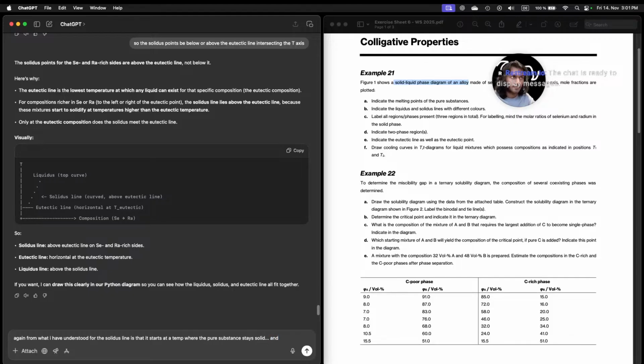And here we are not given specific temperatures. So it's safe to assume the solid temperature is 0.